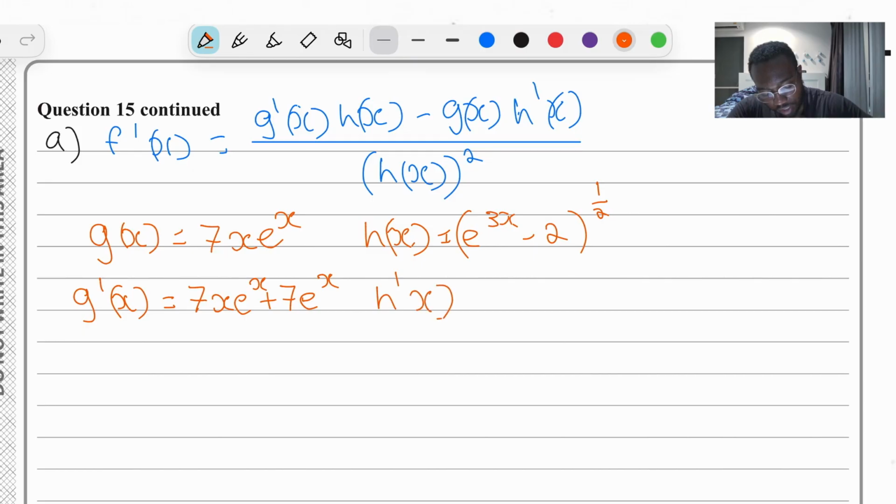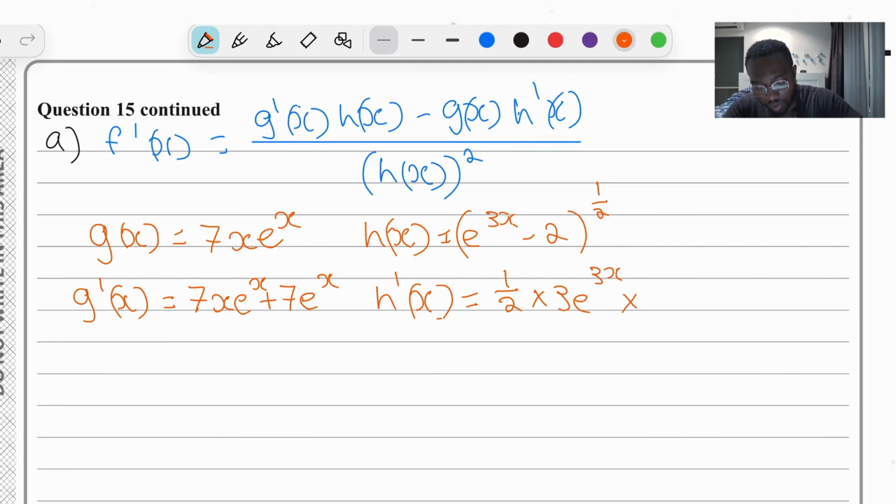And then h dash x. What does that equal? Okay, so this one's a bit more hard, but it's completely fine. When we differentiate this, that half will come down to the front. Then we need to differentiate, actually before that, let's differentiate the e to the 3x first. Let's get that out of the bracket. So that will be a 3e to the 3x, okay?